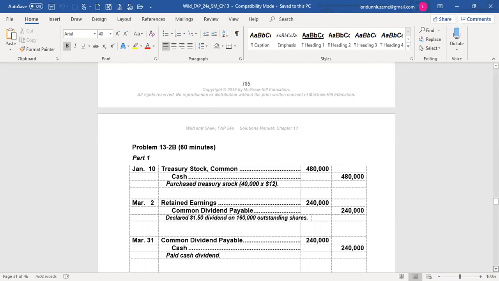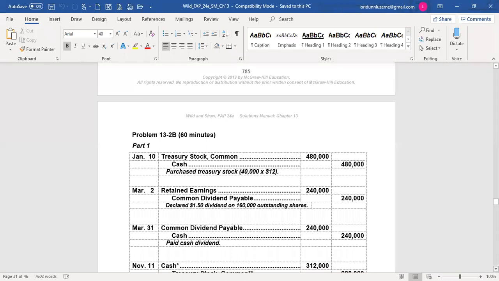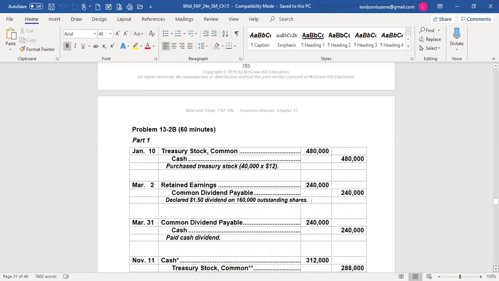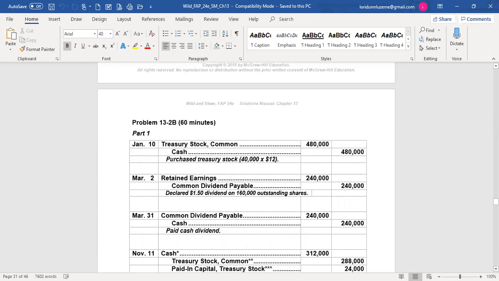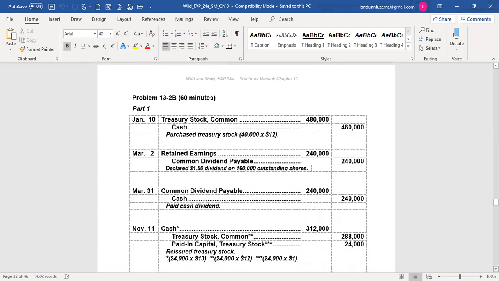We will record the cash as the cash amount received, 24,000 times $13, or $312,000. We will only credit the treasury stock account for the 24,000 shares times the original purchase amount of $12 a share. Since you put them in at $12, you have to take them out at $12.